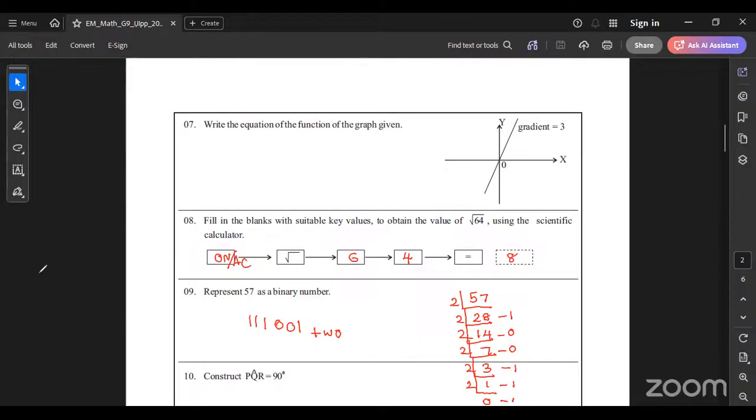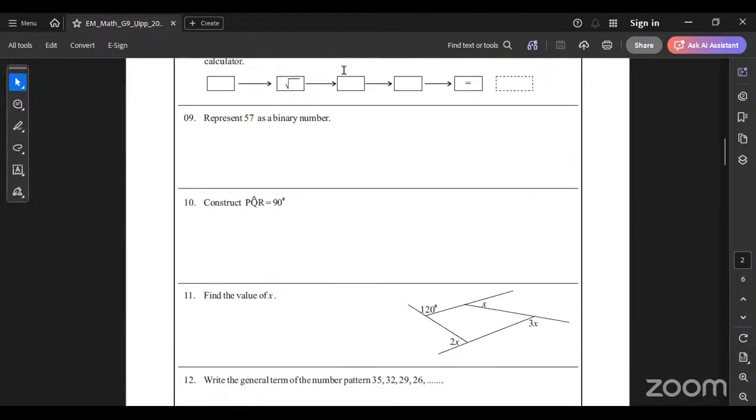Question number 10. Construct PQR equal to 90 degrees. How can we construct PQR? First, write the line and PQR.